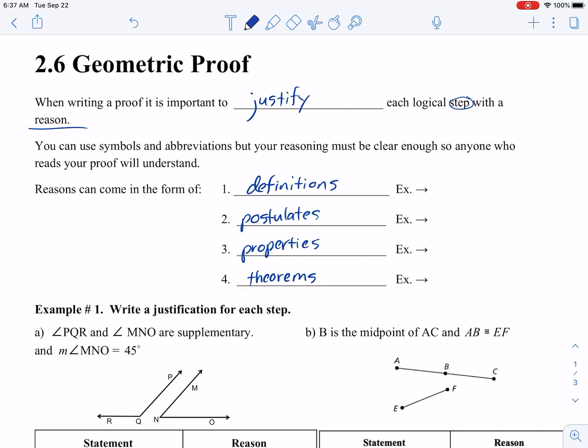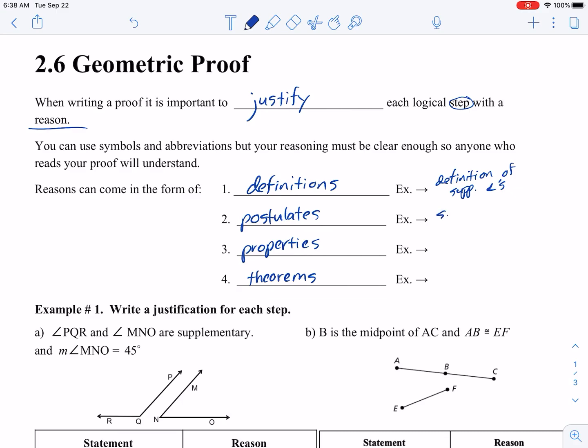So a couple examples of each of these. Definitions, we've talked about the definition of supplementary angles. Like I said, you can abbreviate and use symbols if you'd like, but the definition of supplementary angles states that two angles that are supplementary, their angle measures sum to 180.